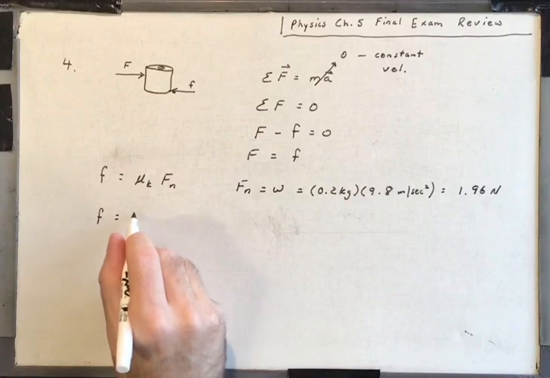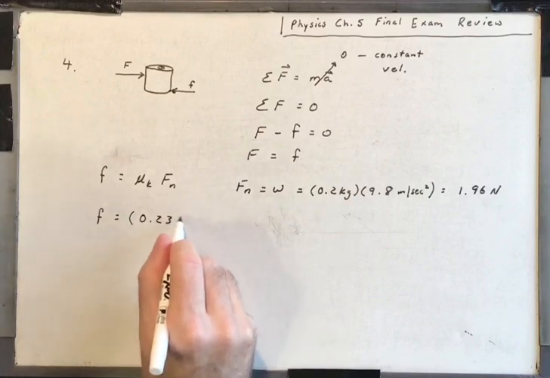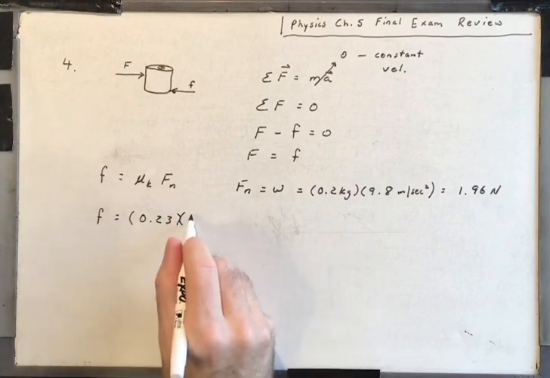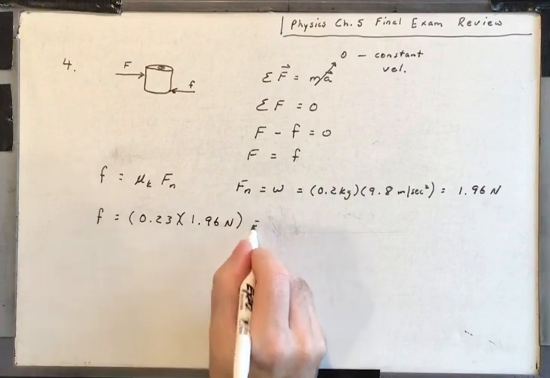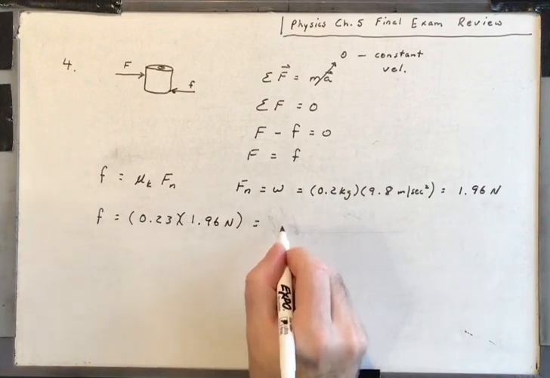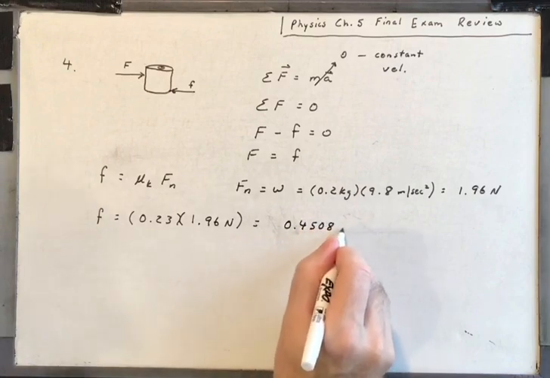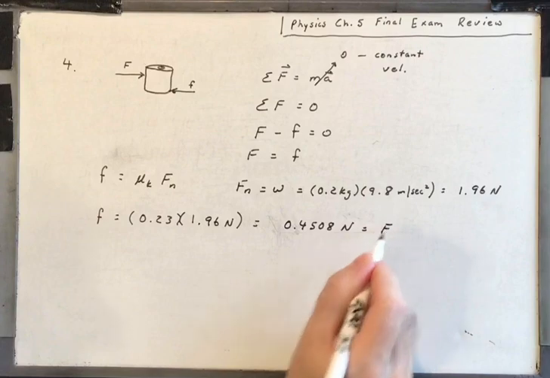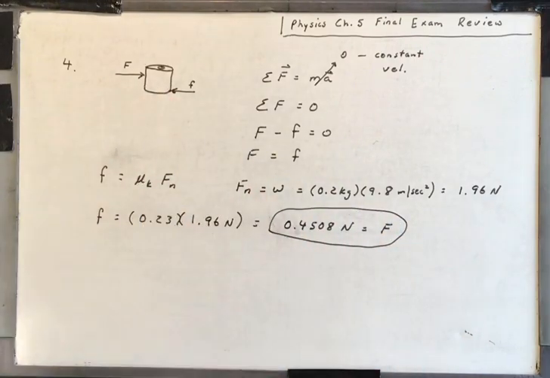So our mu sub k is 0.23, and then our normal force was 1.96 newtons. And so that's going to be 0.4508 newtons. So the force of friction is also equal to the force that you have to push the toilet paper with to get it to move at a constant velocity. All right, so pause if you need to.